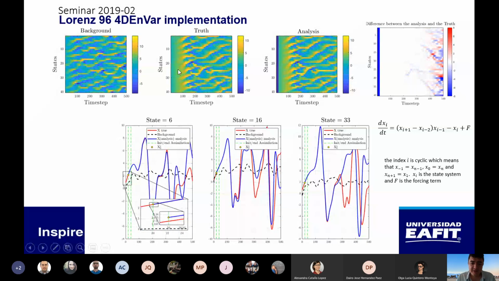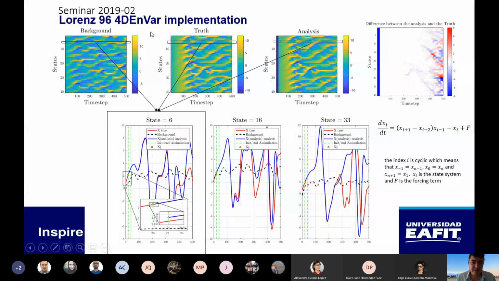Once I perform the data simulation using the 4D envar, this could be understood as a toy model, a small model to test methodology. I showed you in the last session how the model being assimilated, the blue one in this case, is updated in its initial conditions in order to follow the true trajectory, in contrast to the background, which was the initialization of the model.